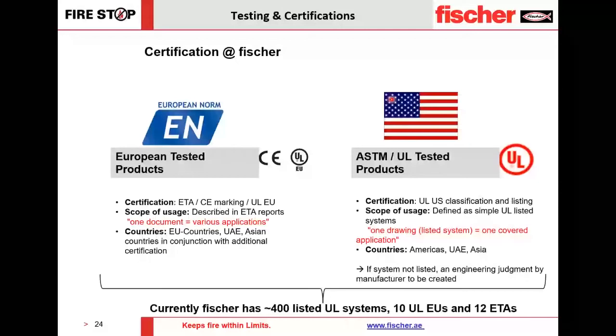And because we are an international company, we have around 400 UL listings and UL classified products, and the listings increase monthly. Under European testing, you usually get one certificate which covers many applications. Under UL testing and US listings, you usually get one listing per one application, which can incorporate more than one product.